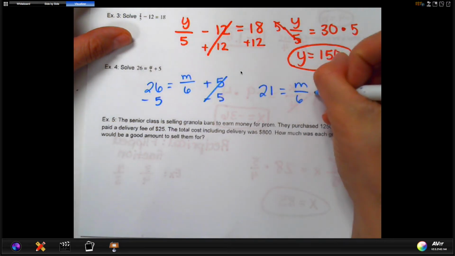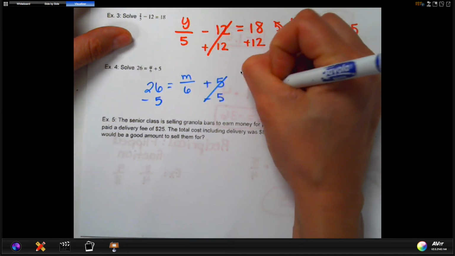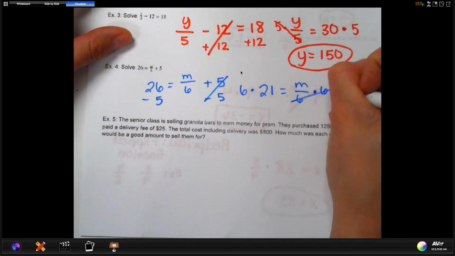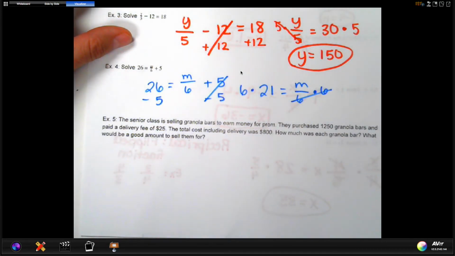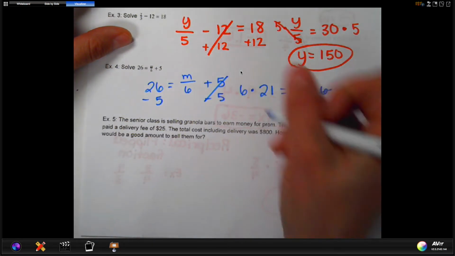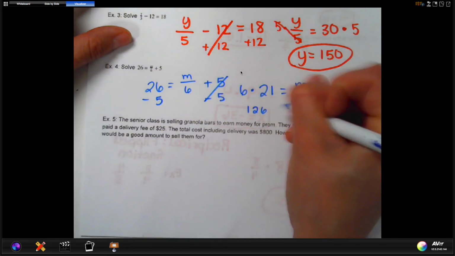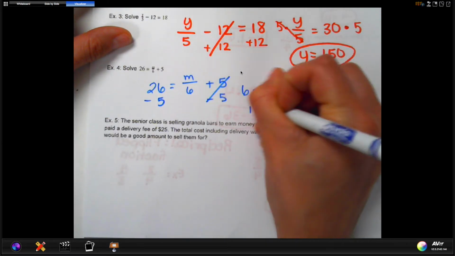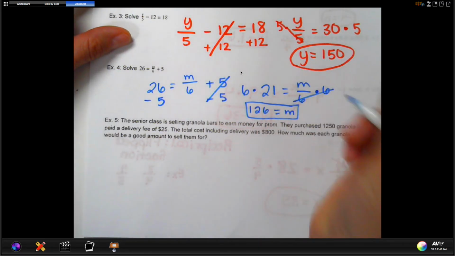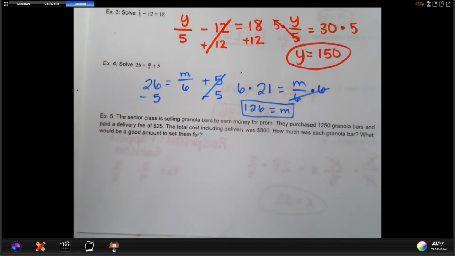So to undo the divide, we will multiply by 6. That cancels. So 6 times 21 is going to give us our answer here. 6 times 21, and we get 126 equals m. And that's our answer. And again, you can double check that by putting it back in the original equation.